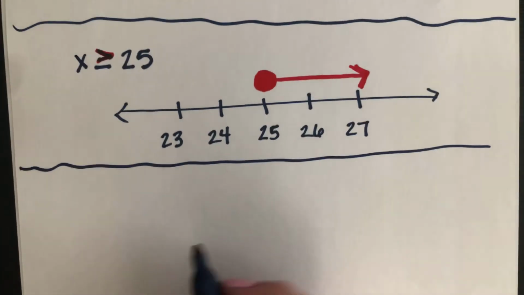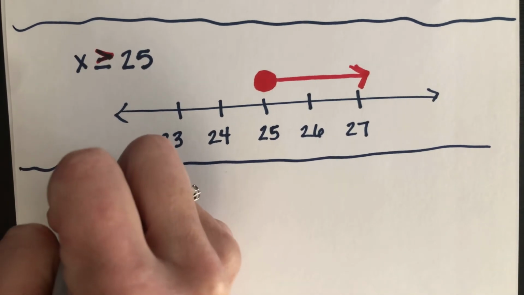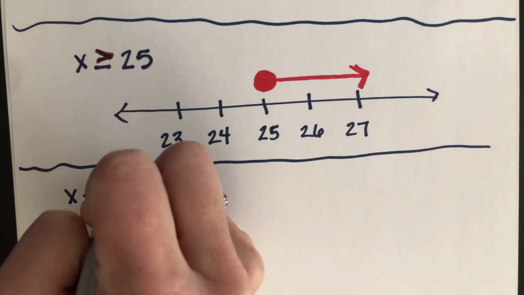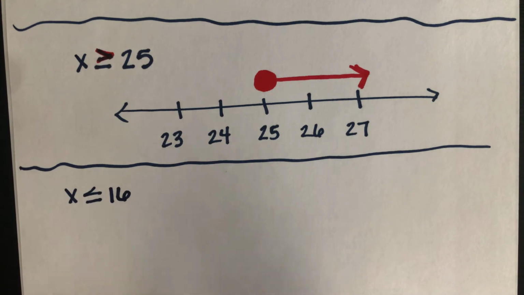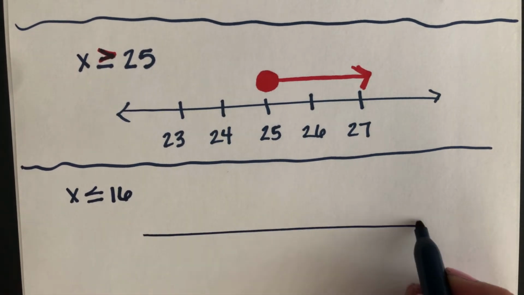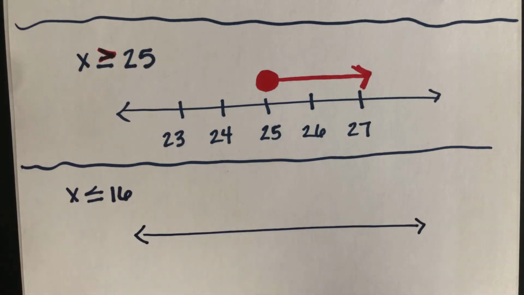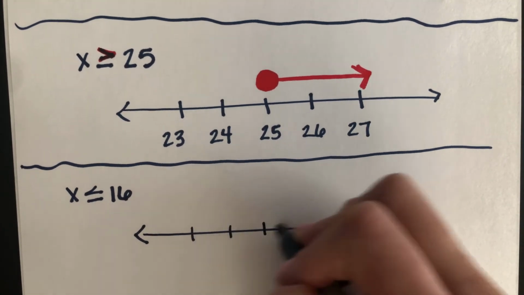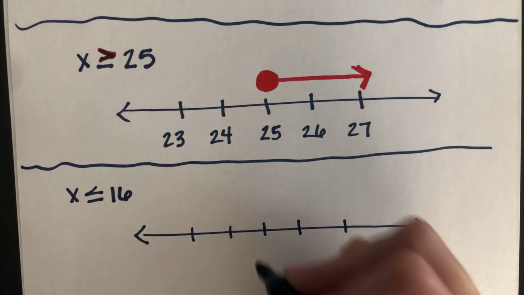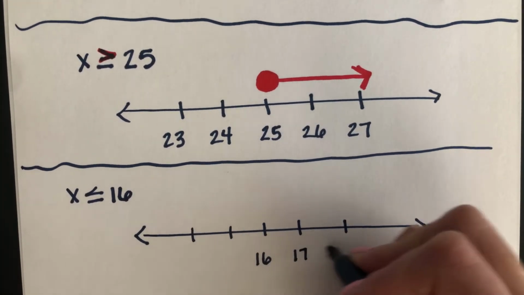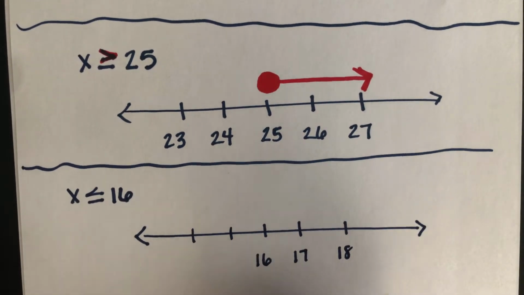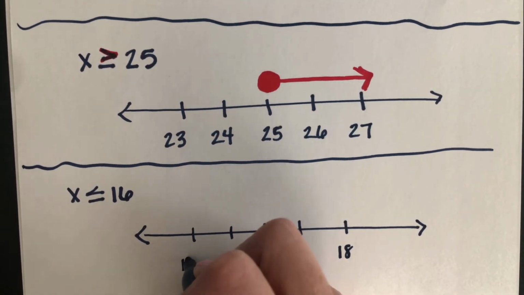Let's try another one. Let's try X is less than or equal to 16. Let's draw this out, and I'm going to make 5 slash marks. Put 16 there, 2 above it, 17 and 18, and then 2 below it.